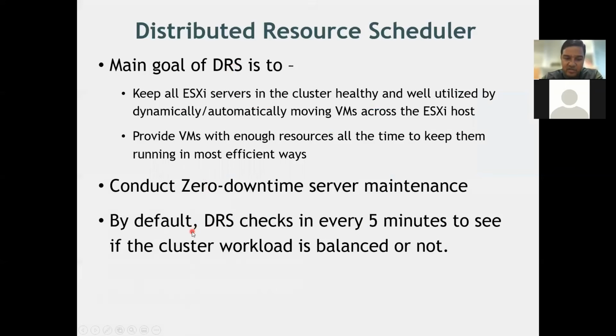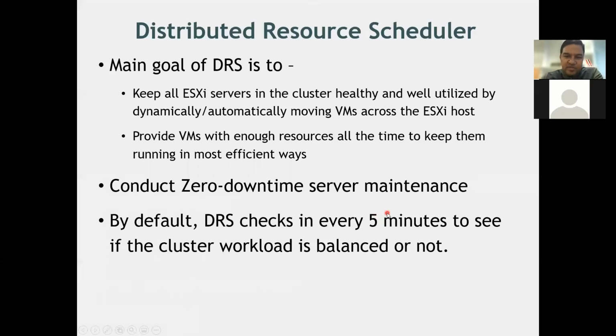By default, the vCenter Server is going to check all the time, every 5 minutes, what the workload is and whether the workload is balanced or not. If this time is not changed, by default in VMware the DRS check time is 5 minutes.